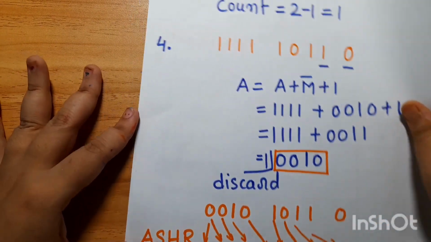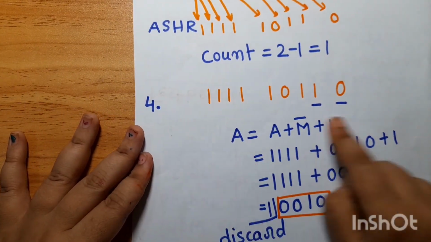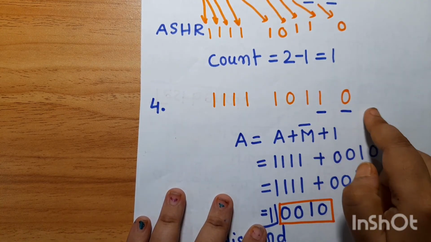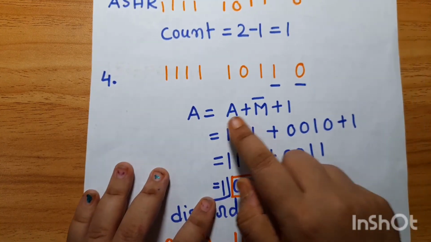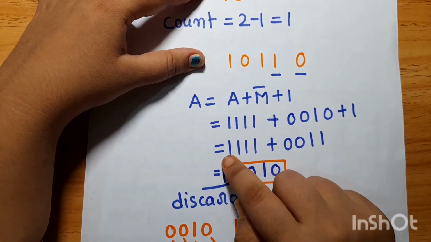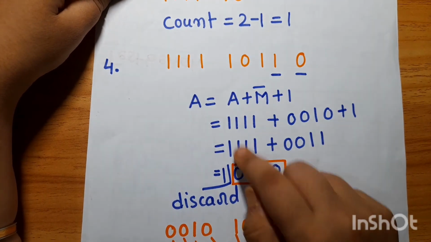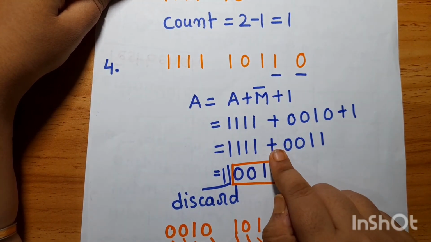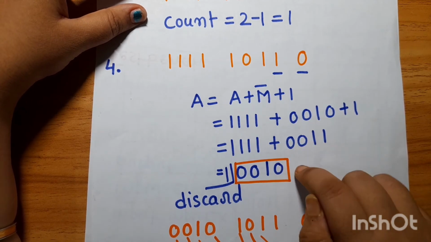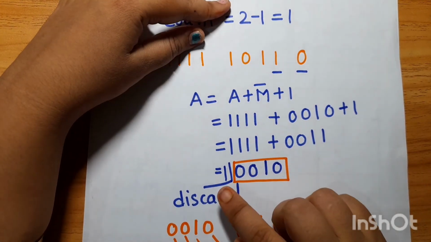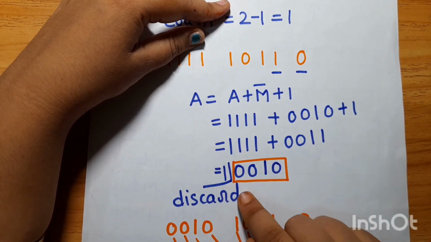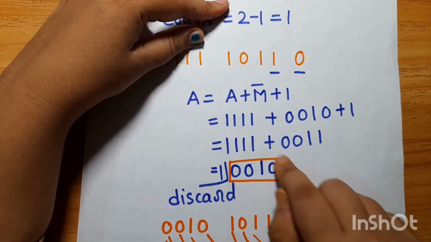You see, that is step 4, all 4 ones, 1 0 1 1 0. So A is equal to A plus M bar plus 1. I am getting, that is A plus M bar was coming as 0 0 1 0 plus 1, so 0 0 1 1, on adding them up I was getting 1 0 0 1 0, but the register A will contain only 4 bits.